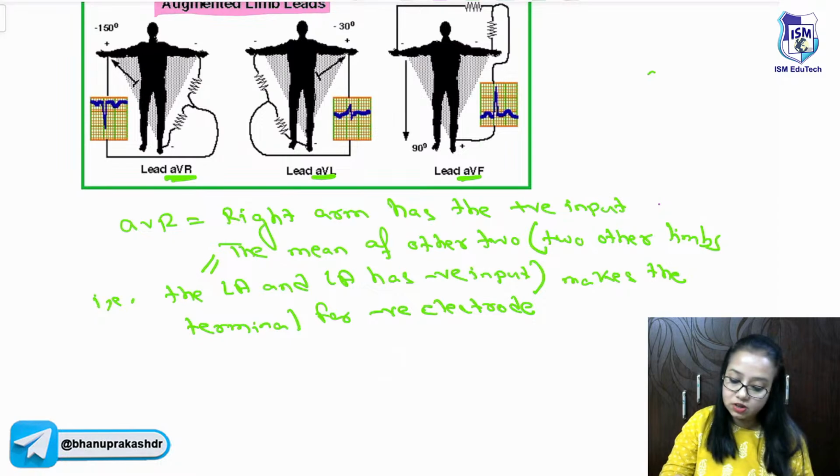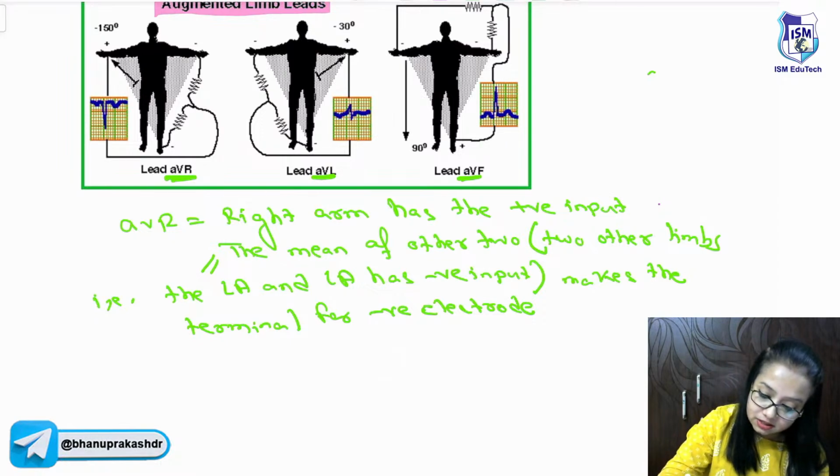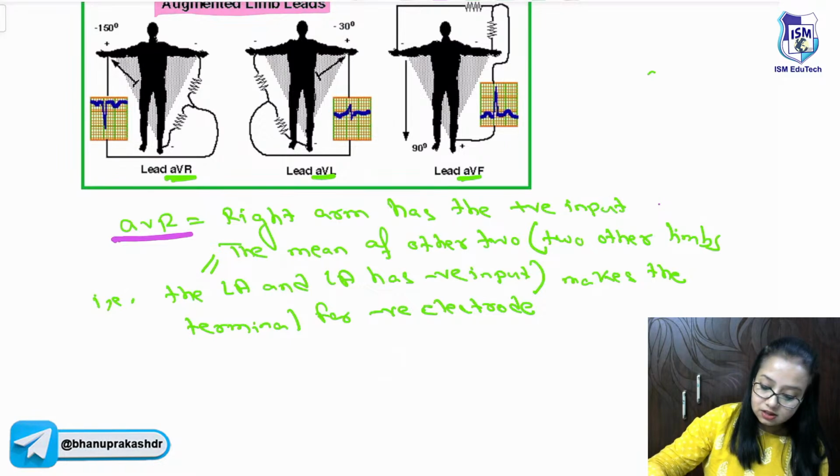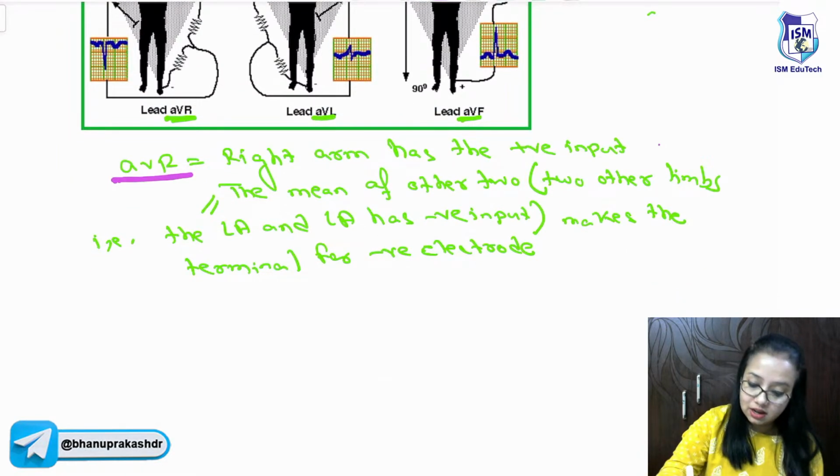Okay, this is what it means. So by the term AVR, we have to remember the positive input is attached to the right arm.